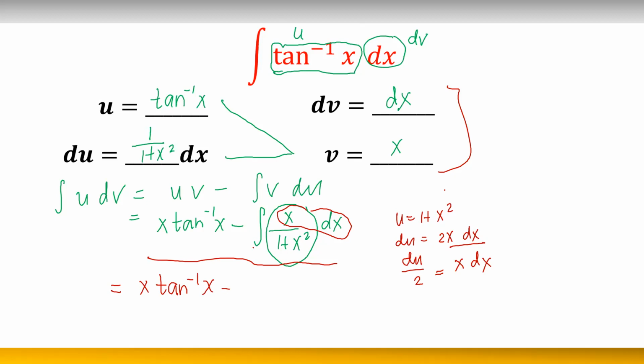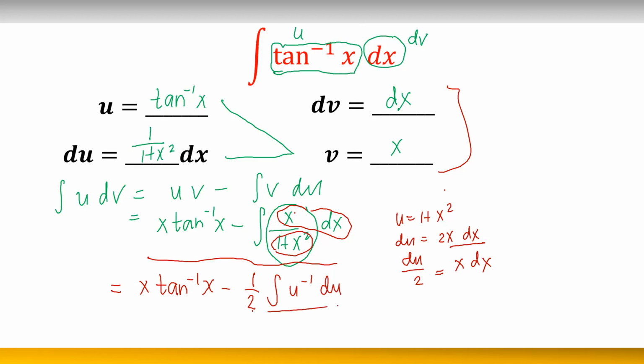minus, so, yung ating integral ay magiging 1/2, nilabas na natin si 1/2, integral of 1 over u, si 1 plus x squared or u to the negative 1. That's 1 plus x squared raised to negative 1. Tapos the x dx, yun yung du. Yung over 2, nilabas na natin. Okay?